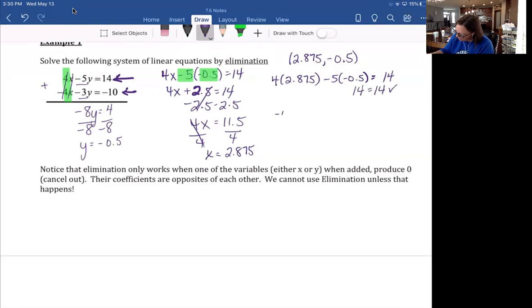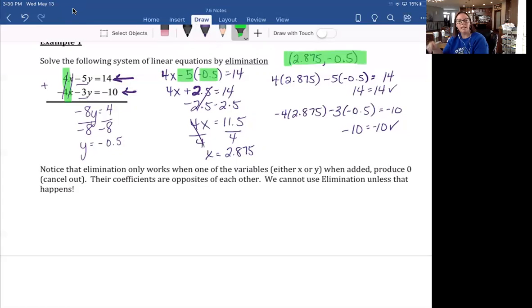And then negative 4 times 2.875 minus 3 times negative 0.5 is negative 10. So I punch that in my calculator, and I get negative 10. So I know that that solution is correct.